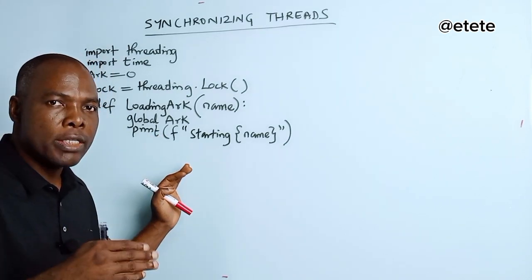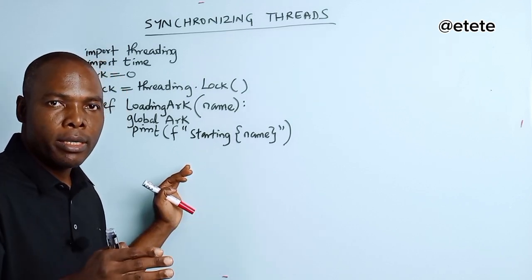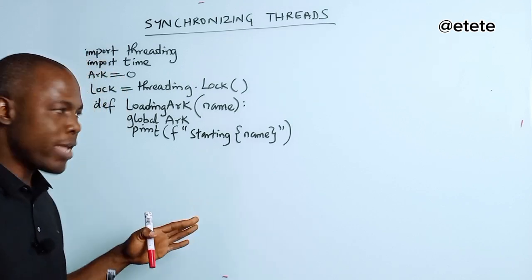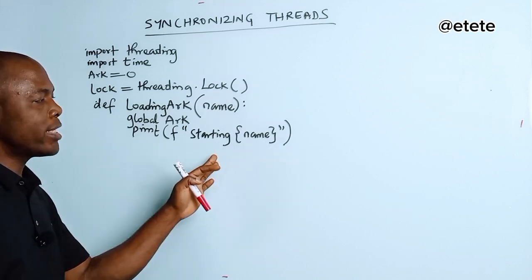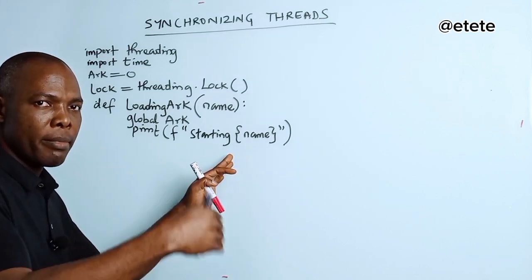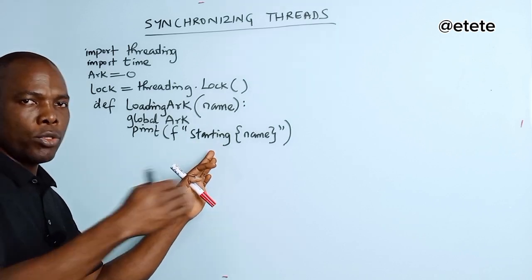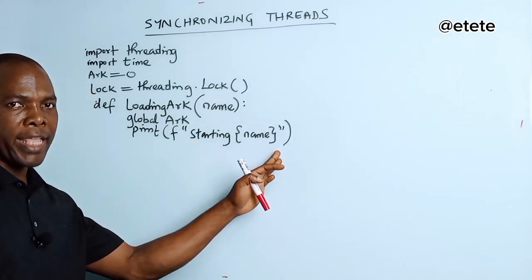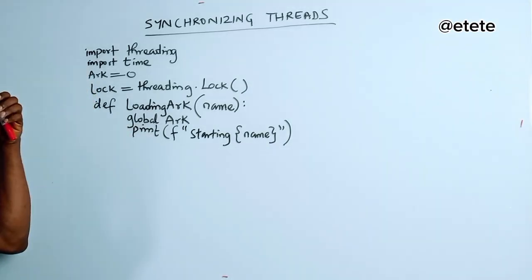Noah is going to give them instruction to load the ark with the animals. So here, starting, is like saying, Shem, you can start now. Ham, you can start now. That is what this line is saying. He's giving the instruction to them to start this.